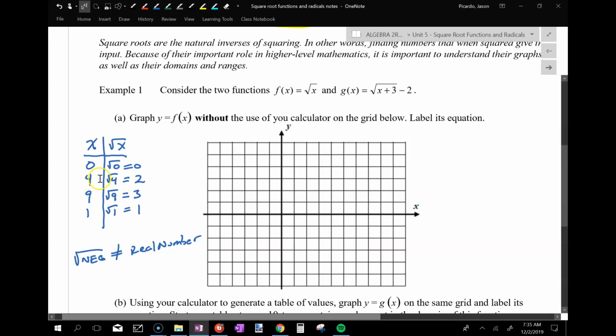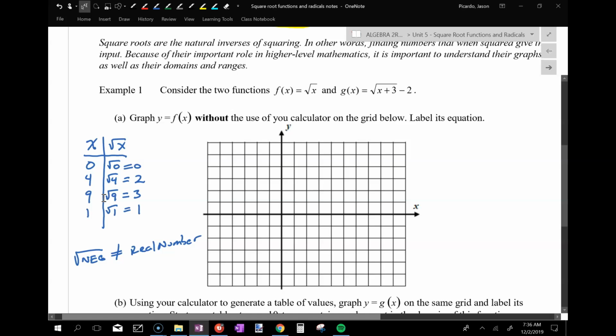Guys, why did you say the square root of 4 is 2? 2 times 2 equals 4. Why did you say the square root of 9 equals 3? 3 times 3 equals 9. So why can't I get the square root of a negative? Because to get the square root of a negative number, you would have to have two numbers that are different, right? To get a -1 or a -4, you would have to have a positive and a negative number, so they can't be the same, right?